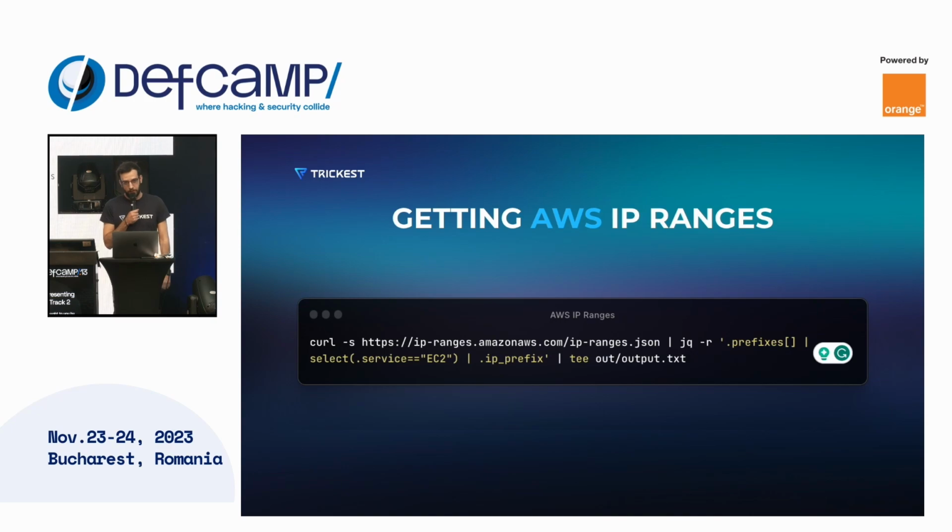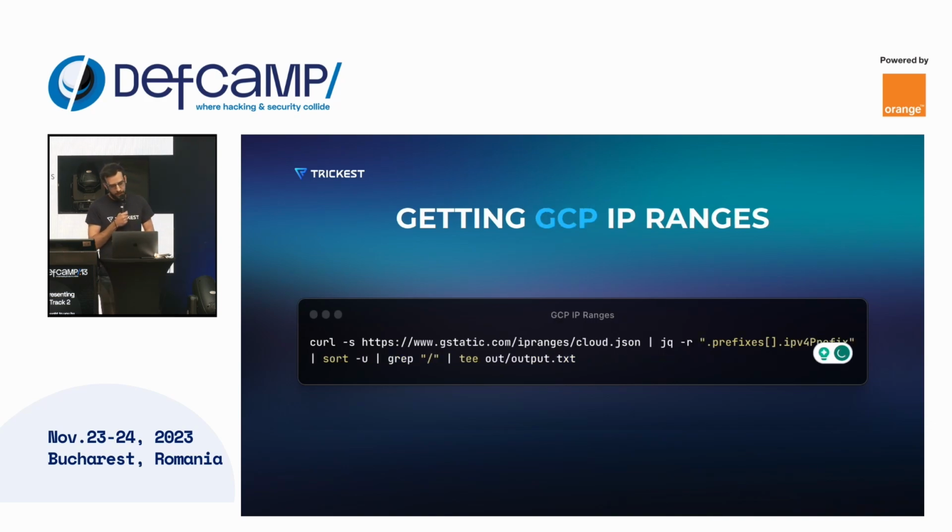Firstly, we need to get all of the IP ranges from these cloud providers. So this is a simple script which is getting AWS's IP ranges by using curl and jq. It's a simple one. And we get all of AWS's IP ranges in there. The next step is the GCP one. Again, curl and jq, and we got GCP's IP ranges.